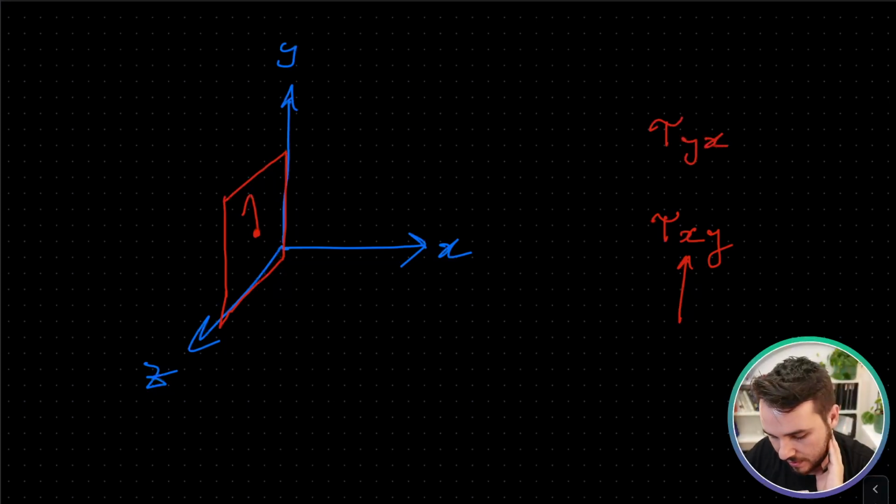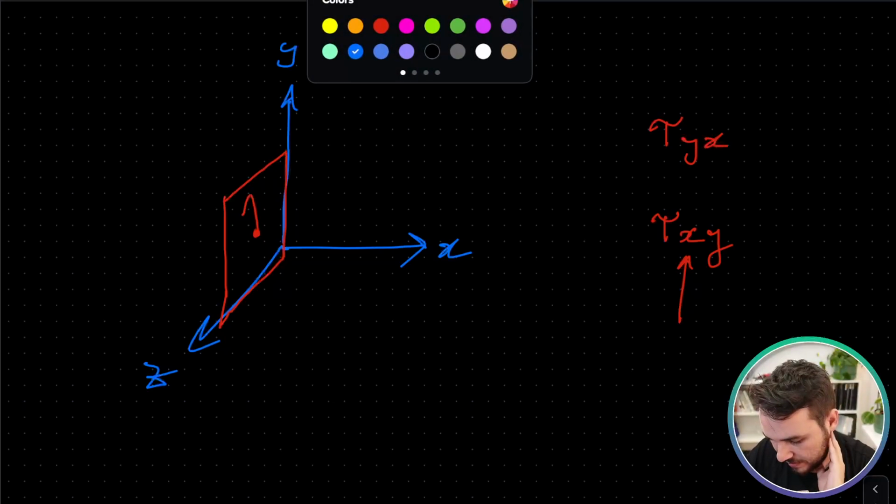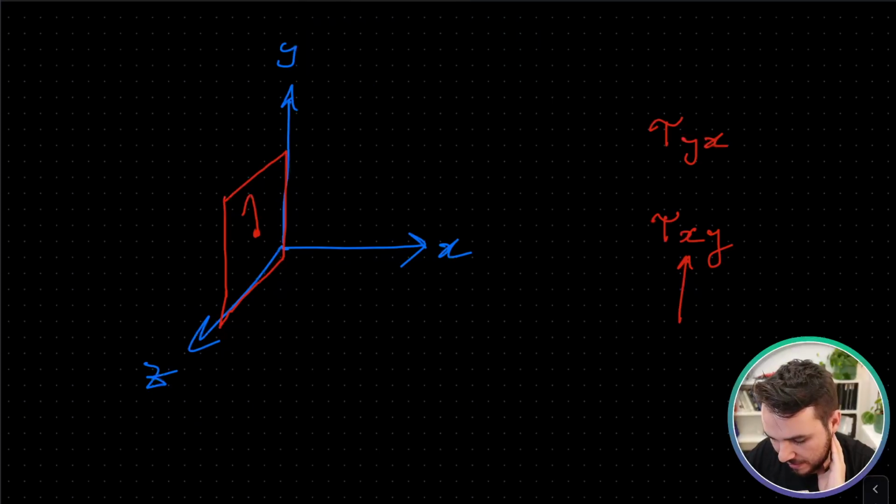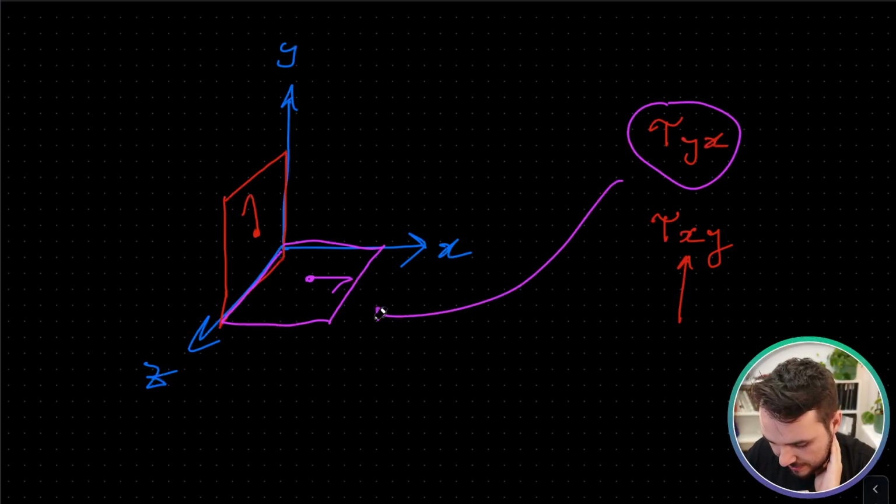What would that mean? Well, that would mean, and let me draw it in a different color, on a plane perpendicular to y. So if a plane is perpendicular to y, then we're talking about this plane down here, the xz plane, and a plane perpendicular to y in the direction of x. So we're talking about this guy just here. Tau yx is this purple guy down here.